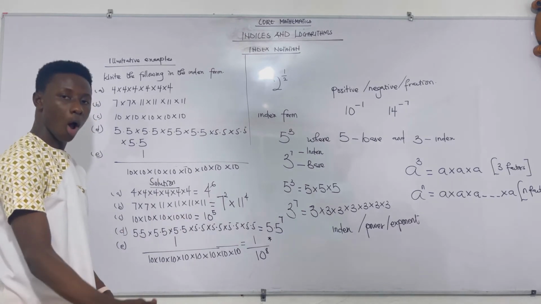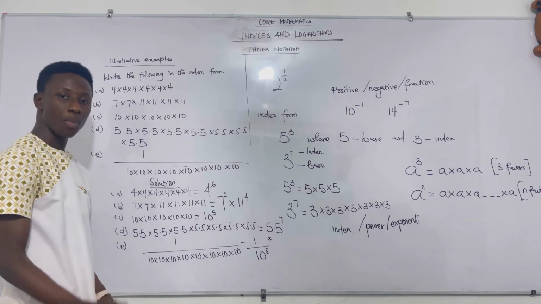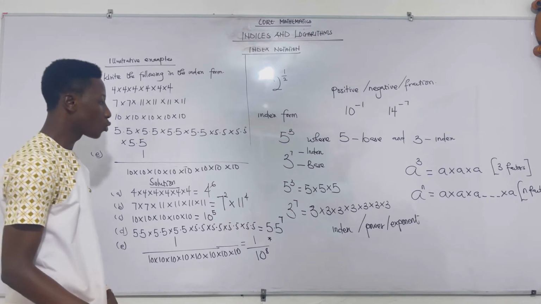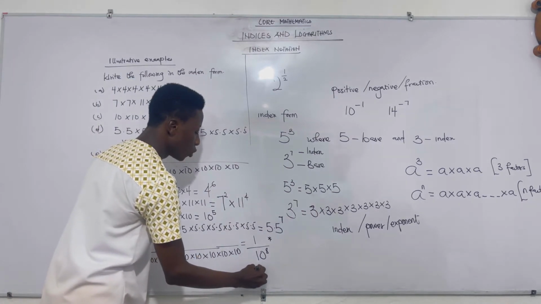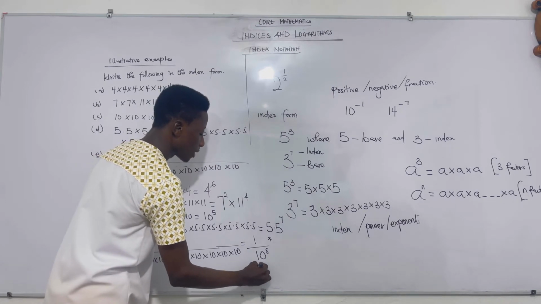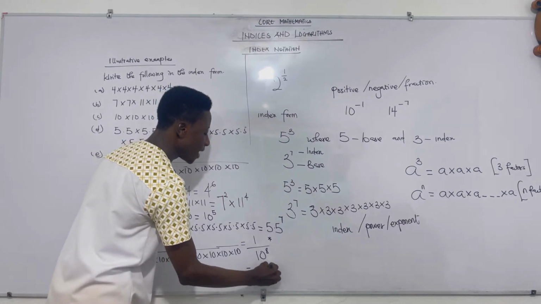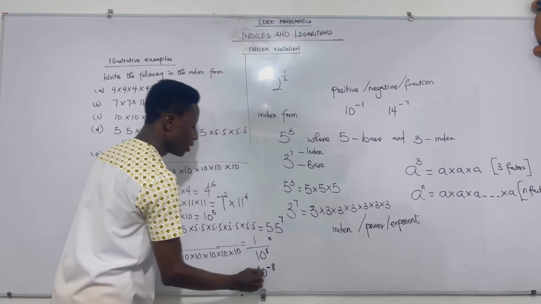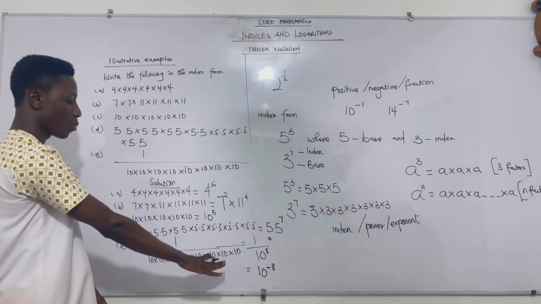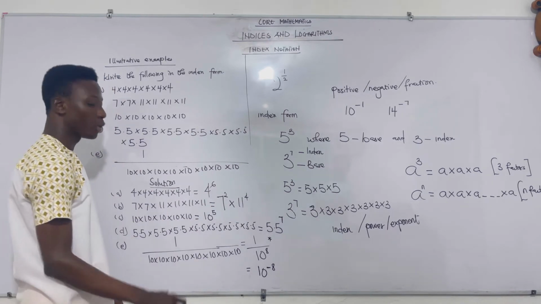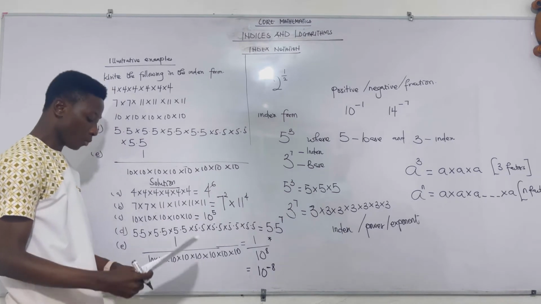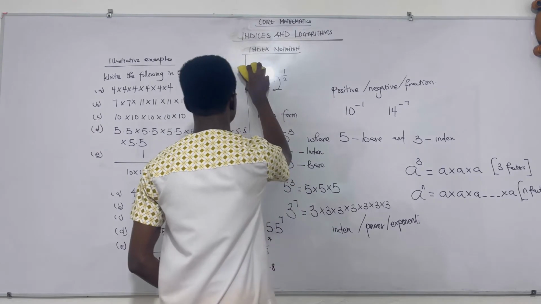But when we go on, you would have to put it in the simplified form. You will discover that this can be rewritten as 10 exponent negative 8. I don't need you to bother yourself so much here. Just understand to this point. When we go on, you get it better.